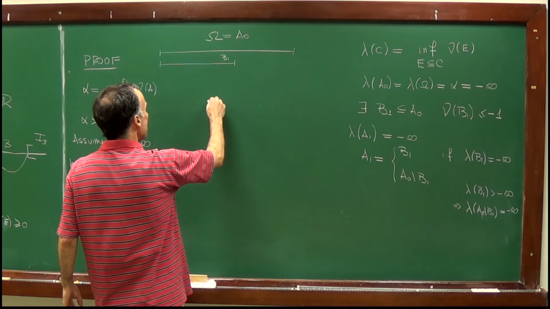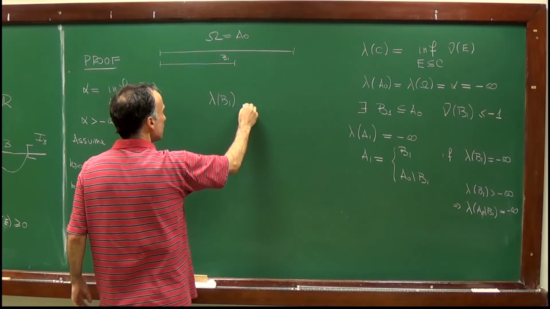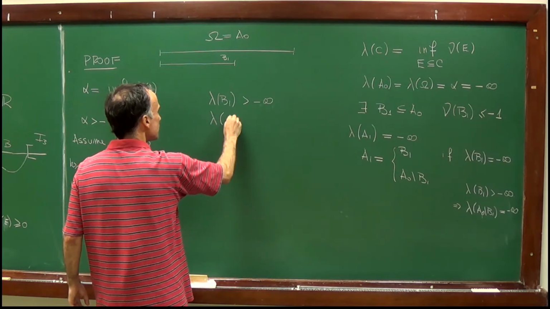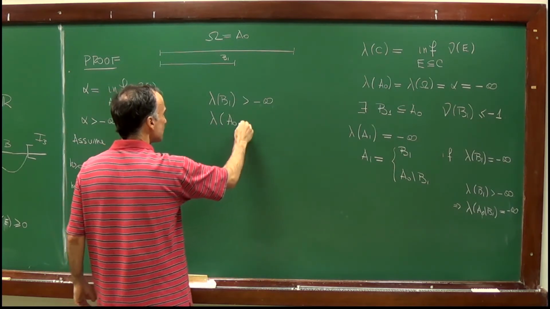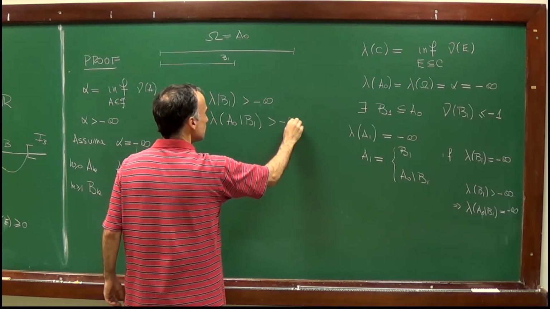Well, assume that lambda of B1 is larger than minus infinity, and by contradiction, assume that lambda of A0 minus B1 is not minus infinity.